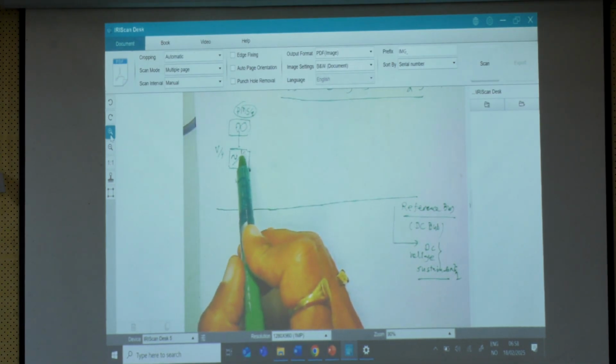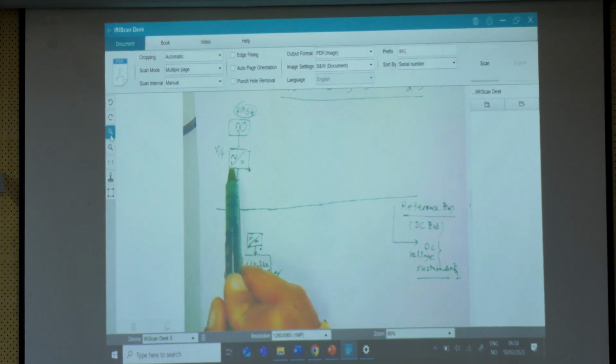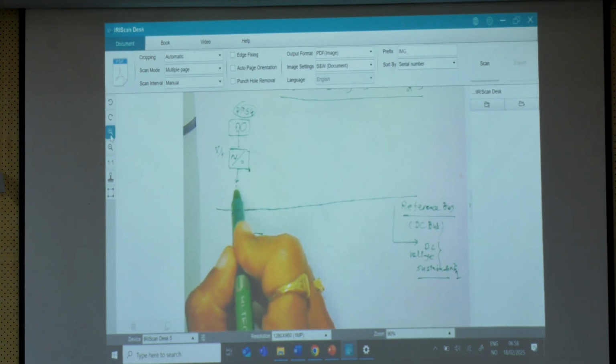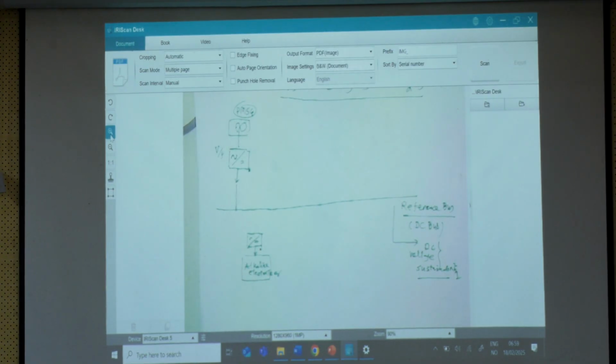The output from the wind turbine, which we converted from AC to DC, is supplied to the DC bus, and this DC bus we are taking as a reference bus. Then we are supplying that DC power through this DC-DC converter to this alkaline electrolyzer, where our objective is to produce the hydrogen, which we produced here.